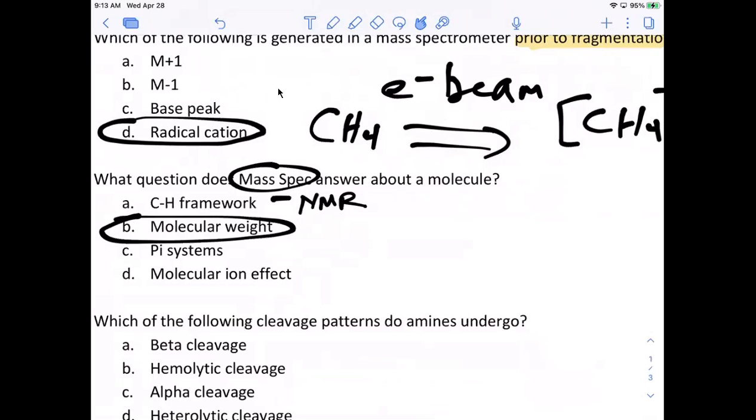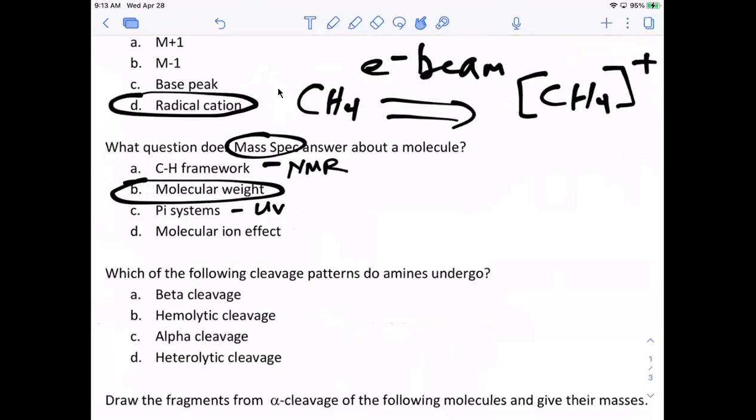All right, what about C? What answers questions about conjugated pi systems? Obviously mass spec is out, NMR is out, so infrared or UV. Is it UV? UV. What does infrared tell us? Functional groups. What functional groups are present? Good.